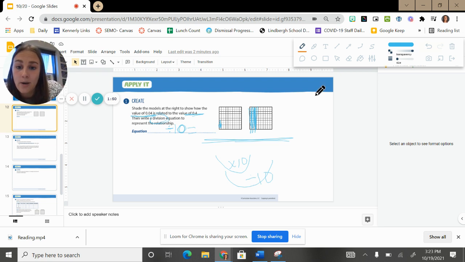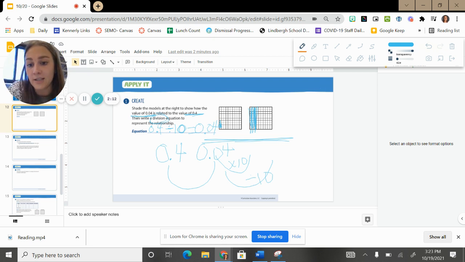If I'm going from a larger place value to a smaller place value, that is when I'm dividing. So I'm going to do 0.4, so 4 tenths, divided by 10 equals 0.04, 4 hundredths. So your equation is 4 tenths divided by 10 equals 4 hundredths.